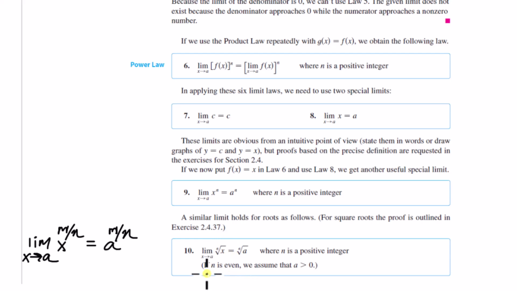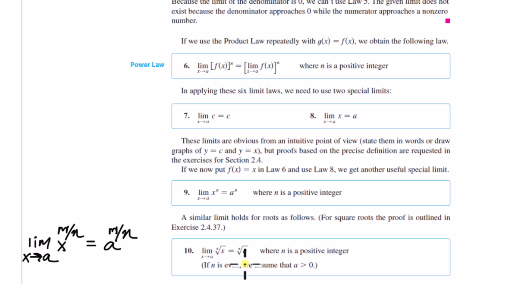And then it says if n is even, then we assume that a is greater than 0. That's because we're only talking about real numbers, and we aren't thinking about taking an even root of a negative number. Now you might say, why can't a be equal to 0? We can take an even root of 0, can't we?